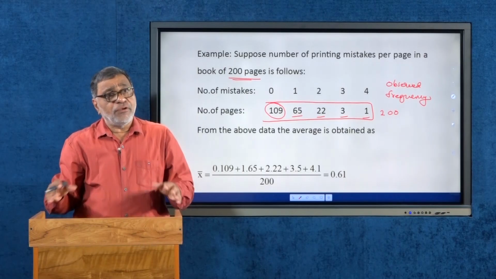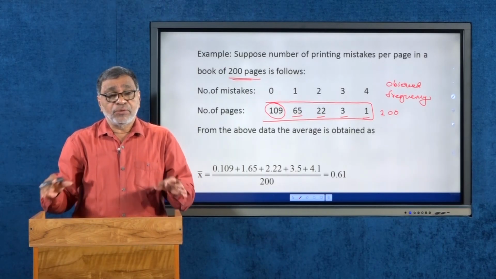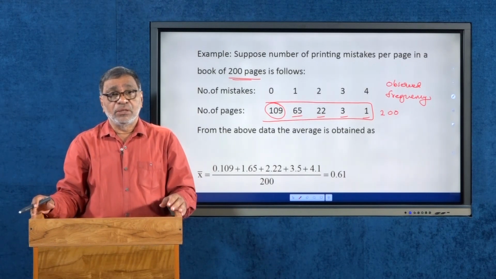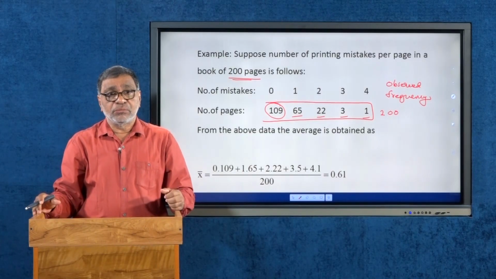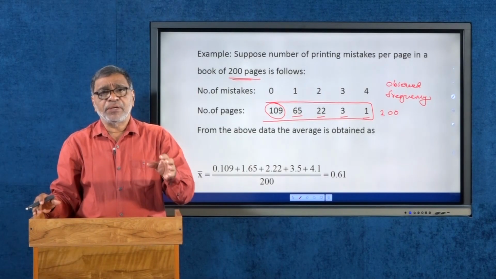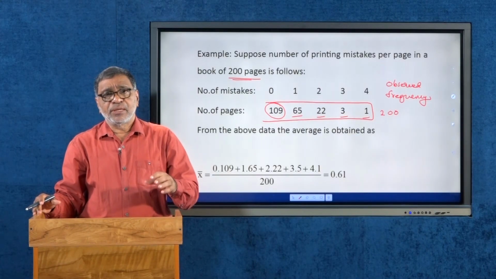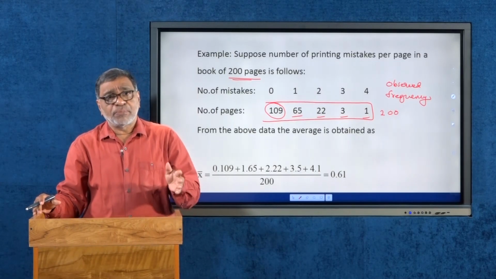And suppose we are applying a theoretical model to this phenomenon, and that theoretical model we adopt is a Poisson distribution, because we can apply the Poisson distribution here: the number of mistakes is a rarely occurring event, and 200 pages are there.